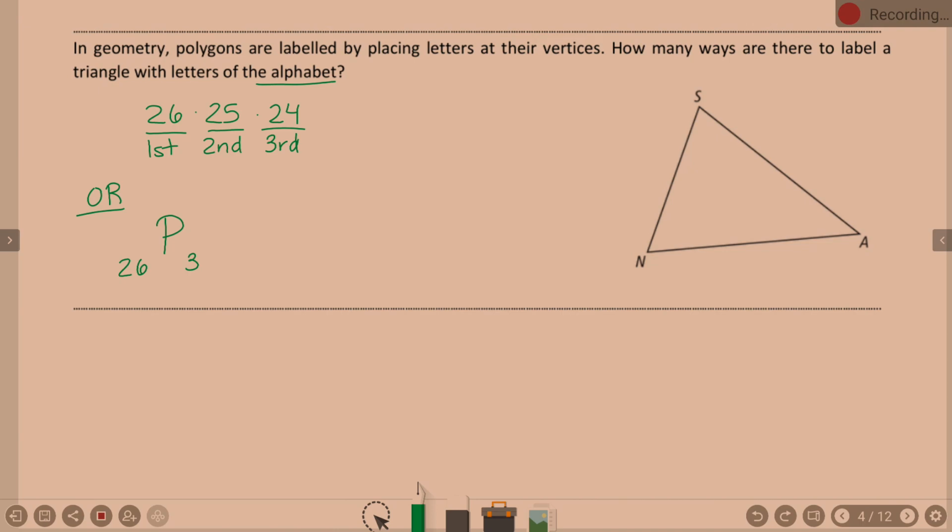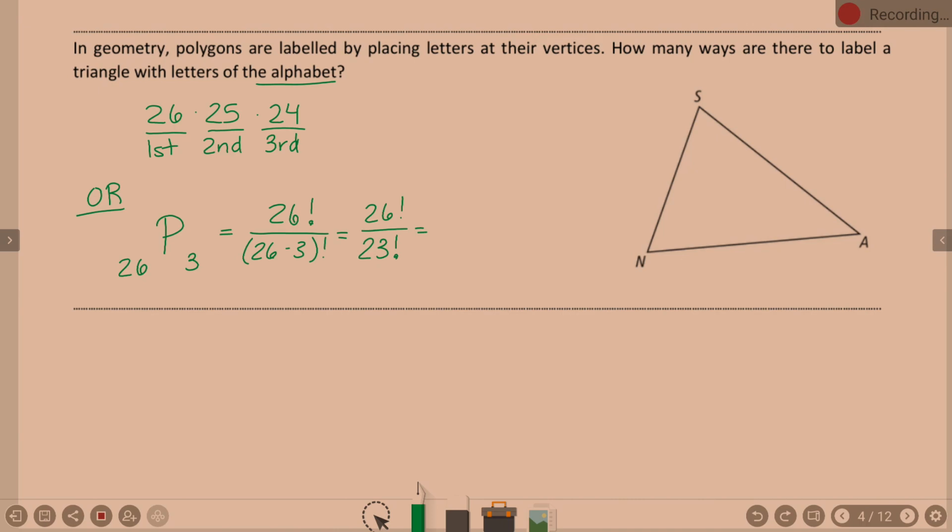If we use our formula, on top it is the bigger number, 26 factorial. On bottom it is 26 minus 3 factorial. Now, that cleans up to be what? 26 factorial over 23 factorial. Now, I don't write it all out either, okay?